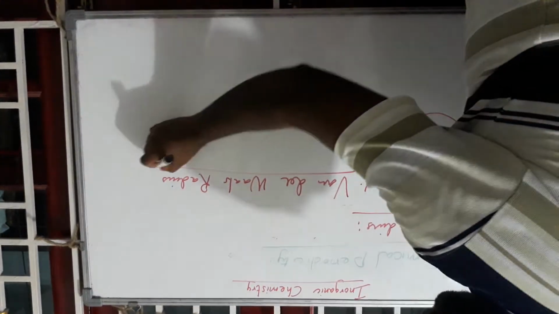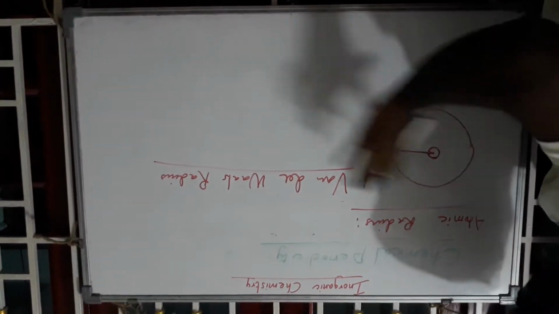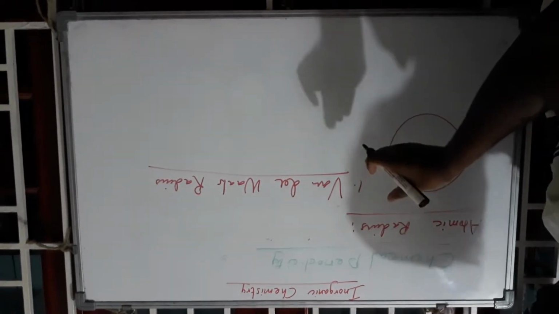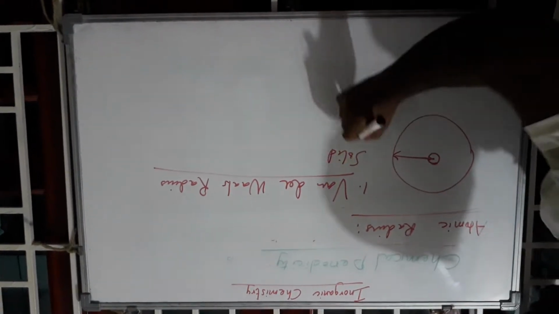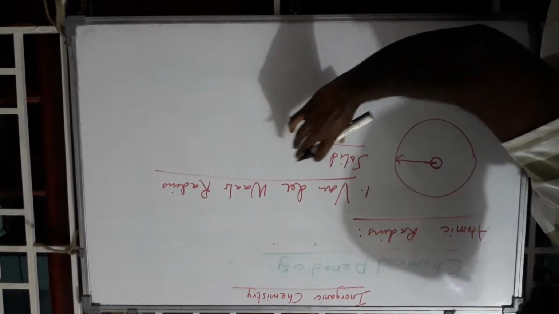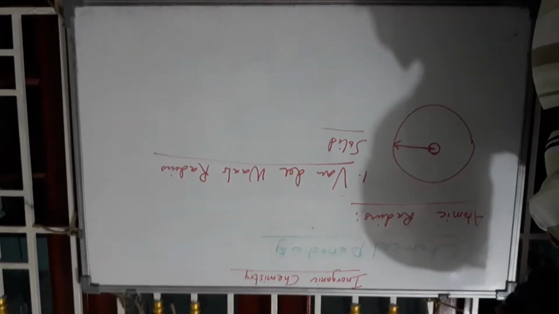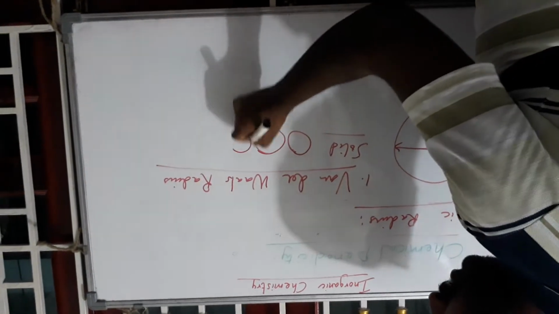Van der Waals radius means the atoms do not react. This is for the element in its nature of solid. These two solids, the minimum distance in between them, so this one and this one are solid, and these are all solid.